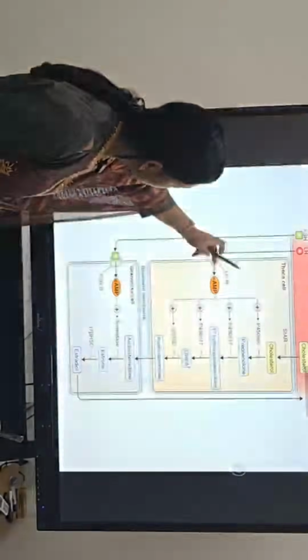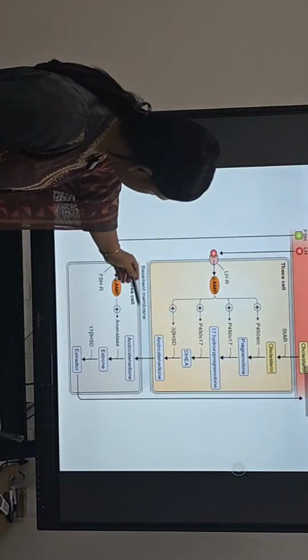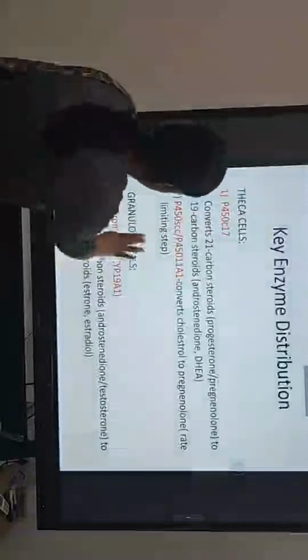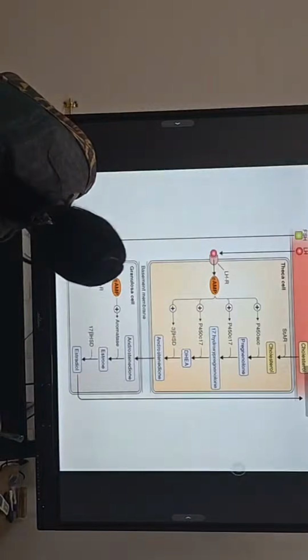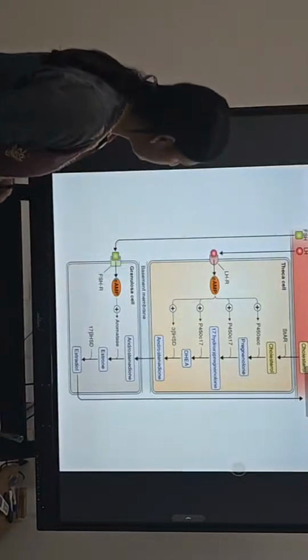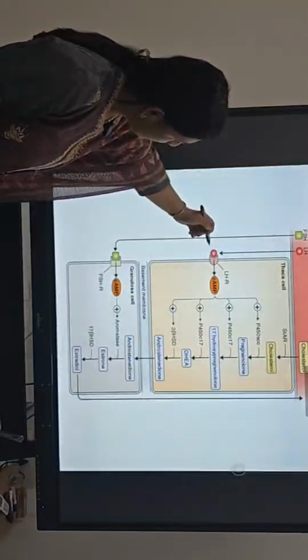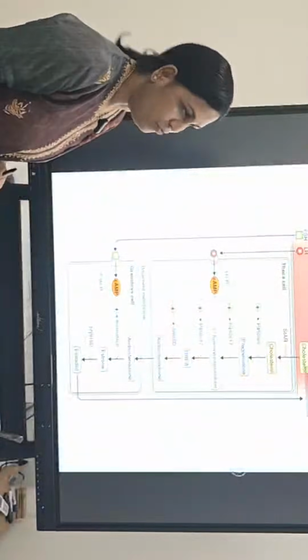Now this yellow box is showing the theca cell, and this is the granulosa cell. These two cells are divided by a basement membrane. The LH binds to the LH receptor in the theca cell, which allows the activation of StAR protein.